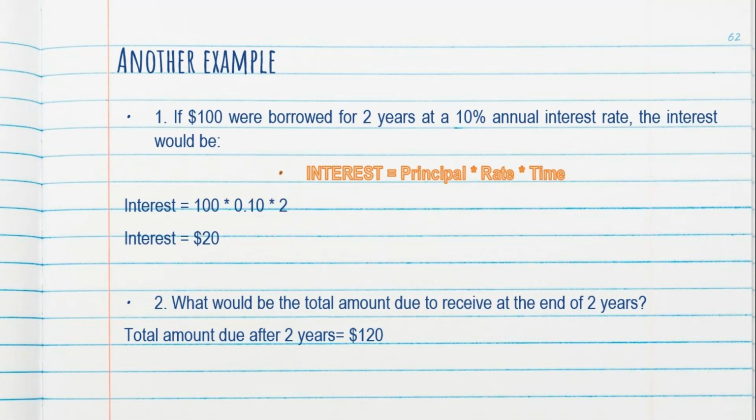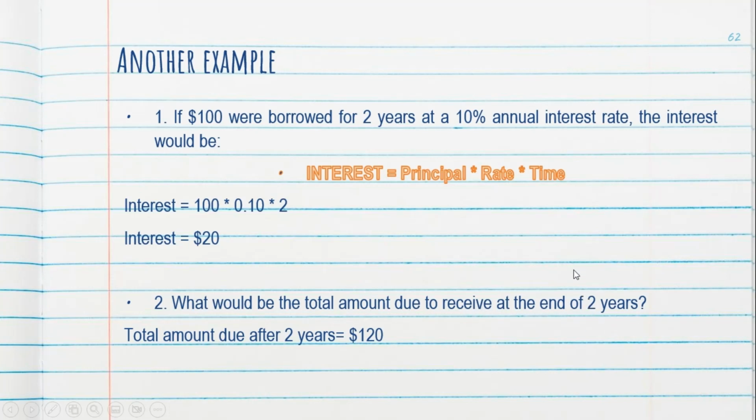So far you have been able to answer the question. If you went ahead and asked for $100 from someone or from a bank under these conditions, 10% annual and 2 years, you will have to pay back $20 plus the 100 that you borrowed. Okay. Now the second question says, what would be the total amount due to receive at the end of the 2 years?